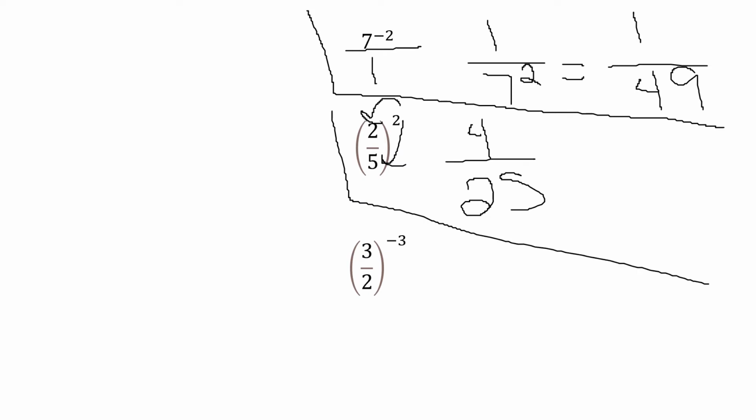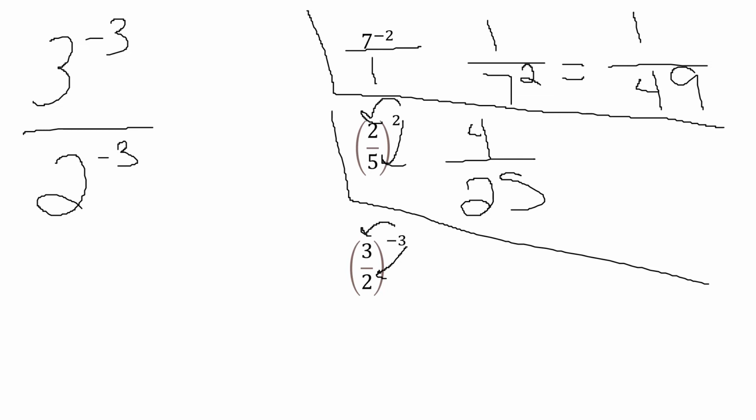Now let's talk about this negative exponent. Parentheses holds everything together. So I'm going to distribute or stick this negative 3 to both pieces. So there I've got my fraction organized. Now I'm going to flip it. When I flip it, the sign of the exponent changes. So the bottom becomes the top with a positive exponent.